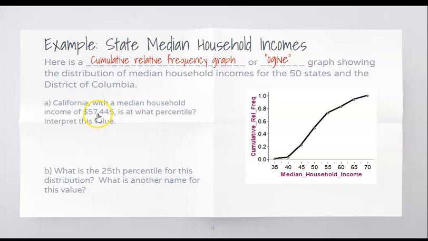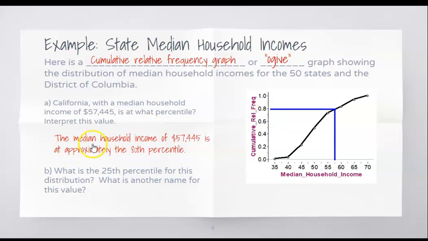So they gave it as an income, so I'm going to start by finding that income. 57,000, about right here, is at what percentile? So I start here and then I read to the y-axis. That's around 80%. So I would say the median household income of $57,445 is at approximately the 80th percentile. It's not exact, but it's approximately the 80th percentile.